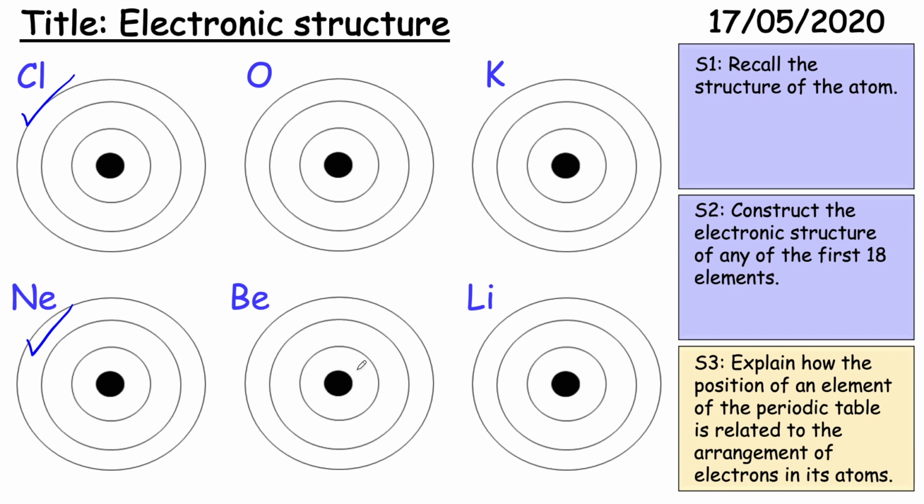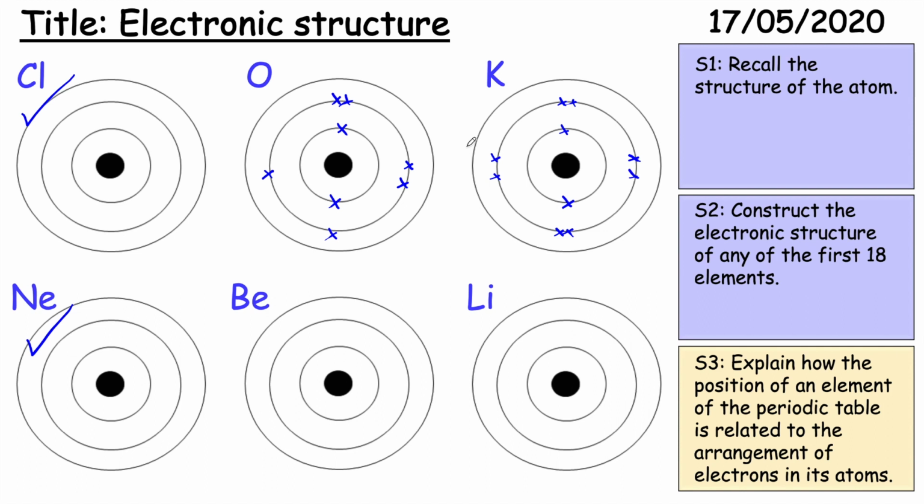Oxygen has 8 electrons, so 2 in the first shell, and that leaves us with 6 left, so they go in the second shell. Potassium, K, that has 19 electrons, 2 in the first shell, 8 in the second shell, which brings us up to 10, and now we have 9 left.